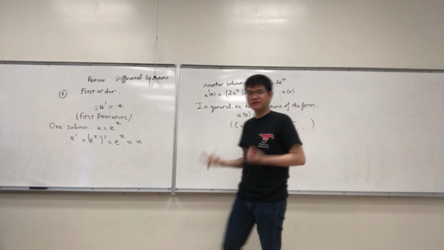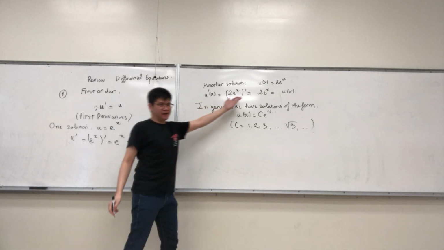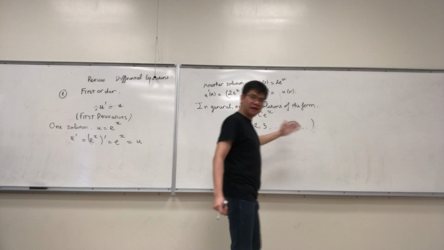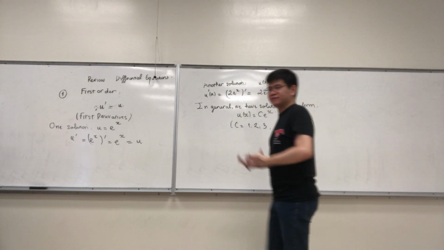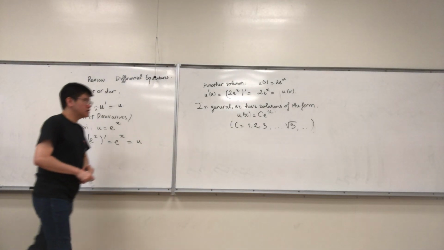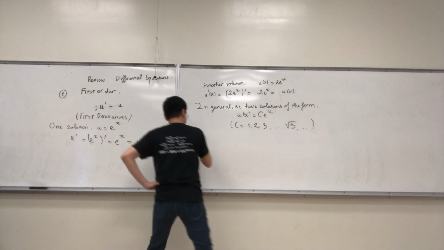In general, for this equation, you have a lot of solutions. All right? So it can be exponential of x, it can be 2 exponential of x, it can be c times exponential of x, and c is a constant that is chosen arbitrarily. All right? So now I have the concept of boundary condition.